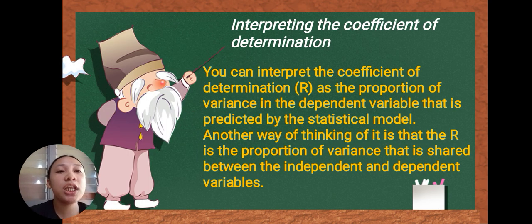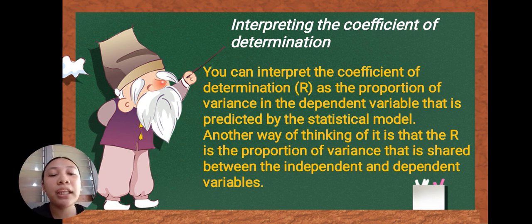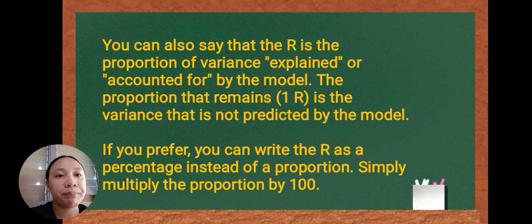Interpreting the coefficient of determination. You can interpret the coefficient of determination, R squared, as the proportion of variance in the dependent variable that is predicted by the statistical model. Another way of thinking of it is that R squared is the proportion of variance that is shared between the independent and dependent variables.